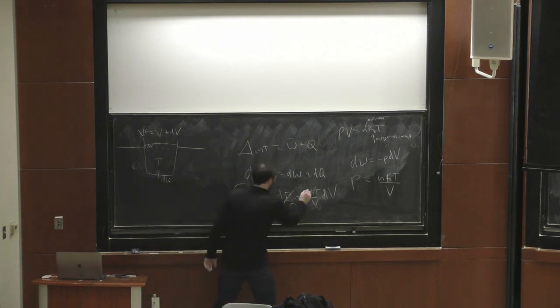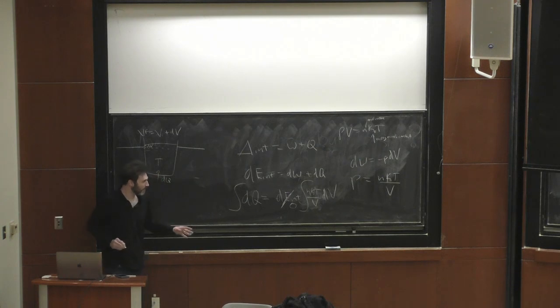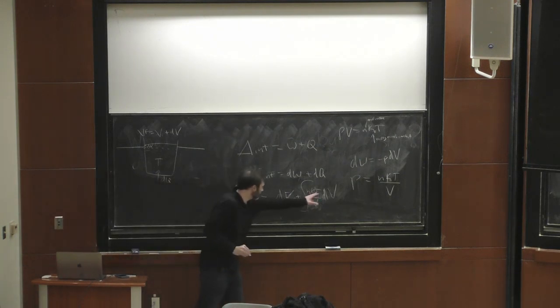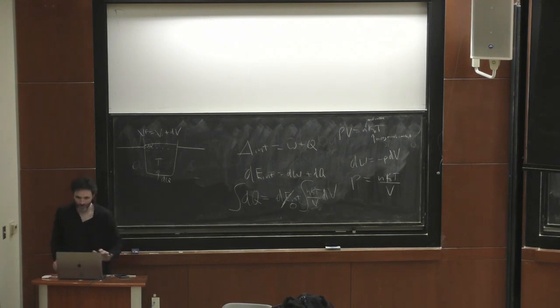And then I can just integrate these. And we know how to handle an integral like dV over V. That's just going to be a natural log, ln of x, dx over x. Does everybody remember that from their calculus? Yeah? Okay. Great.